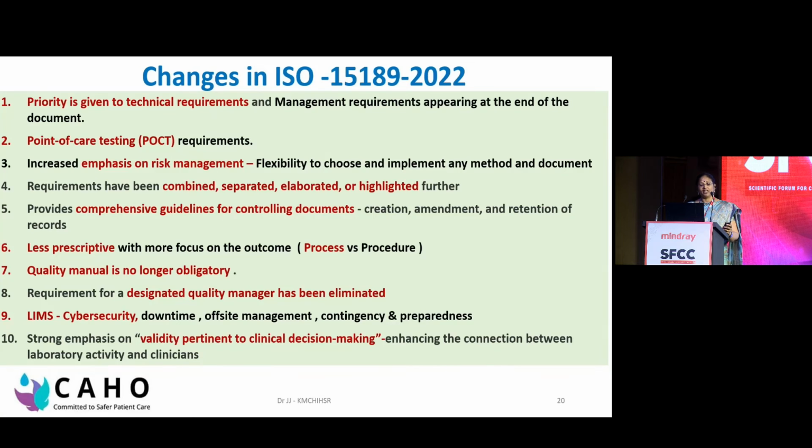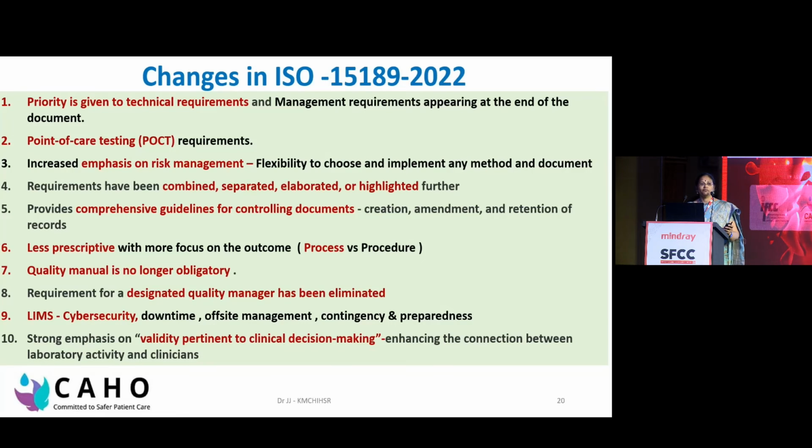The quality manual is no longer a requirement or obligatory. You could have one if you want to, but it's not a must. The requirement for a designated quality manager has also been eliminated. LIMS, I told you, the cybersecurity, the offsite management in case you're storing data in a cloud, the contingency and preparedness should be there.